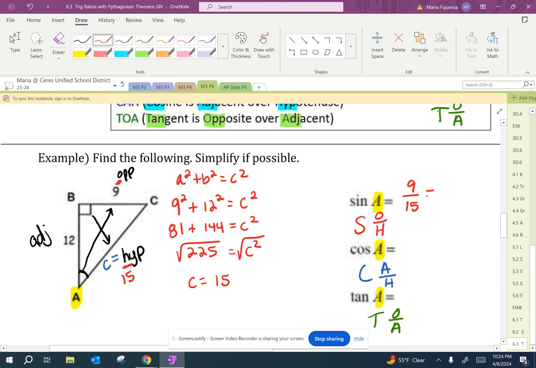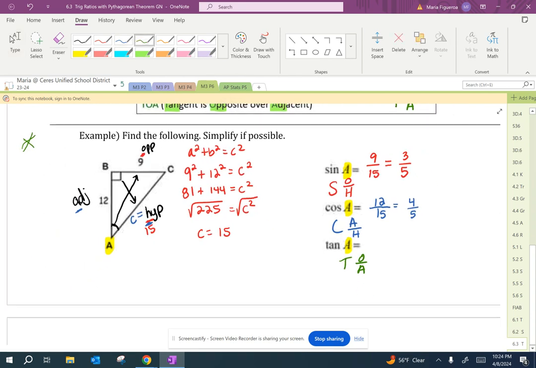I noticed both of those can be divided by 3, so 9 divided by 3 is 3 and 15 divided by 3 is 5. And then cosine is adjacent over hypotenuse, or 12 over 15. And again, I can divide those by 3, which would be 4 over 5.